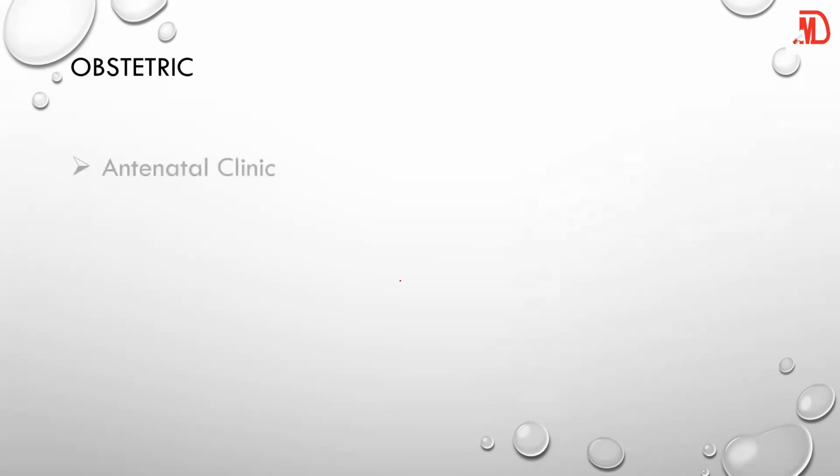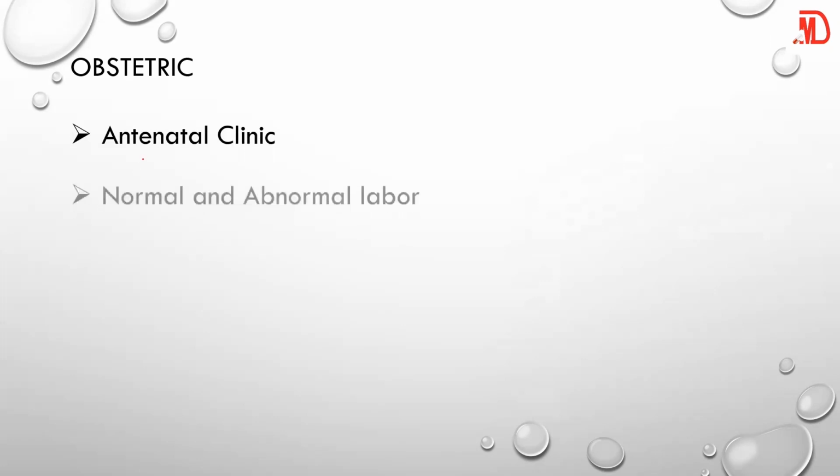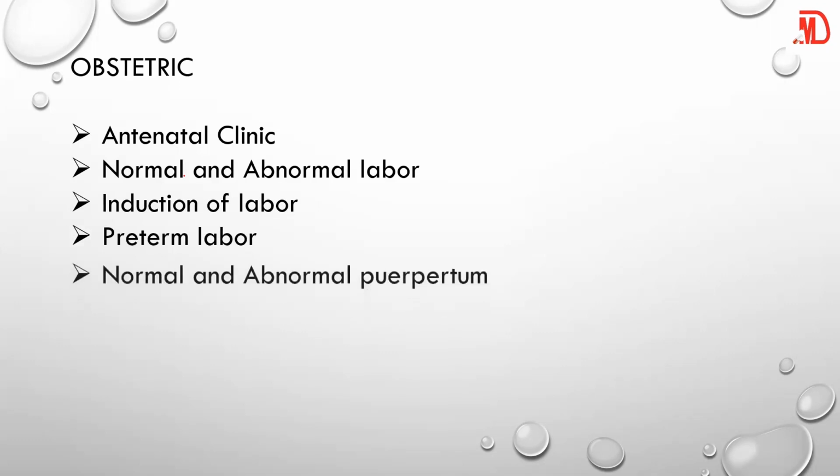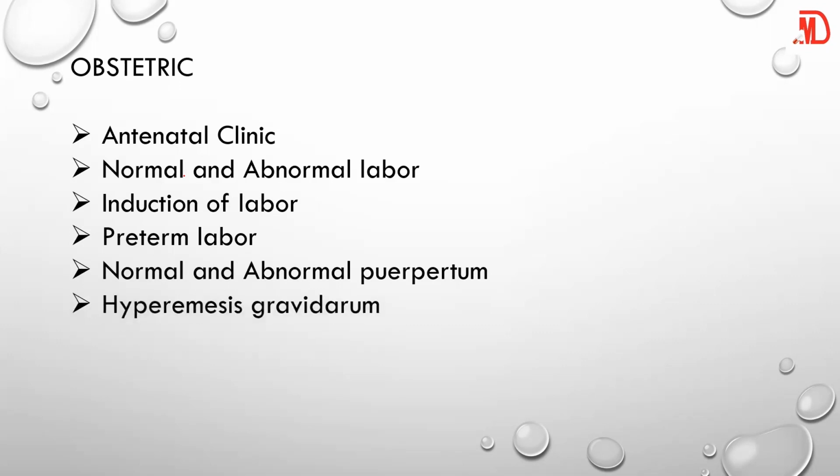All right. So basically, under obstetrics, you might want to get to know more about antenatal clinic, normal and abnormal labor, induction of labor, preterm labor, normal and abnormal puerperium, hyperemesis gravidarum, that is vomiting in pregnancy, basically.